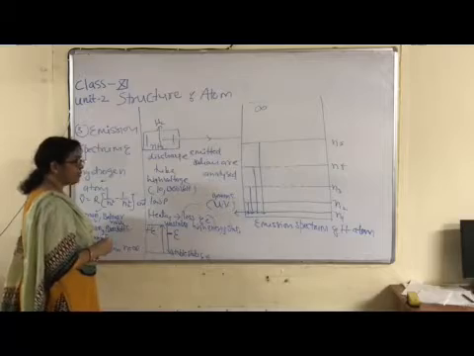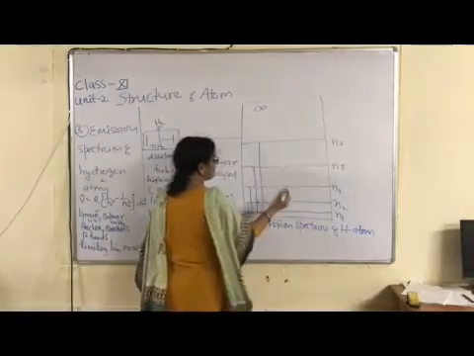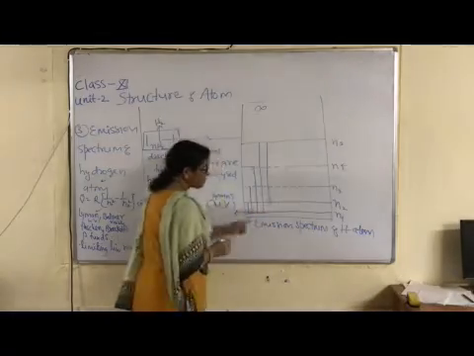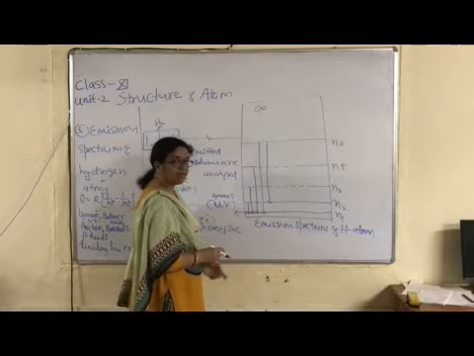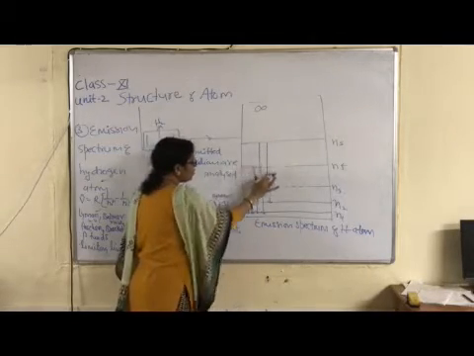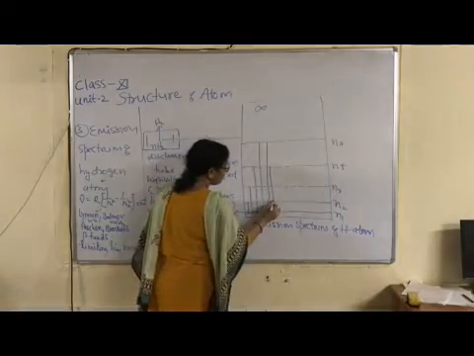Okay, children. Next possibility. An electron can return from any higher to the second energy level. This downward directed arrow is showing the returning of electron or jumping of electron from higher to lower. Right? From any higher to the second energy level.